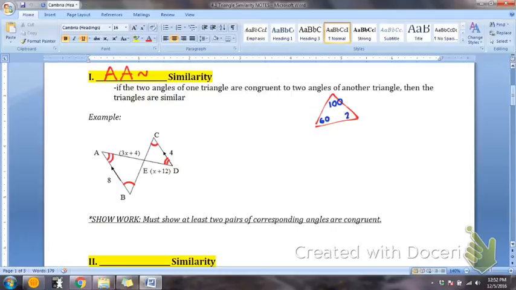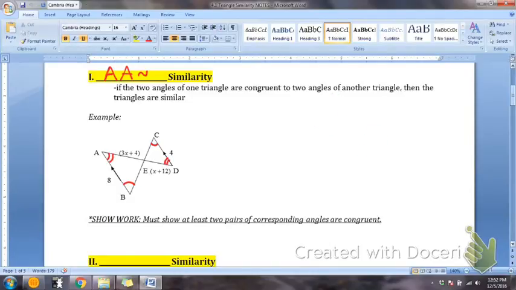So I only have 20 left for this guy. Would you agree with that? Okay. So if I have another triangle, and I've used 160, how much has to be left for the other one? 20. So if 2 angles match up, the third one has to. Okay, so that's why we really only need 2 angles.